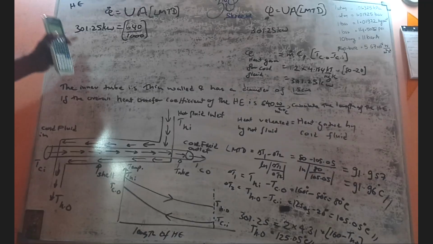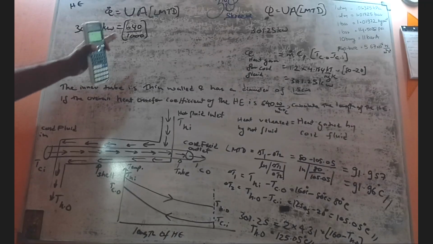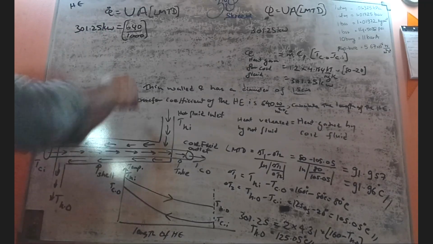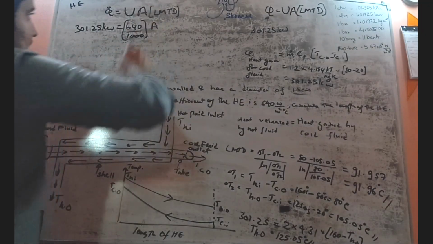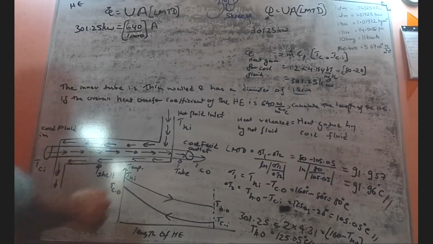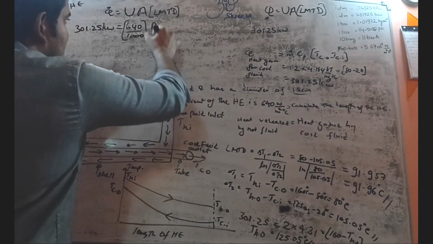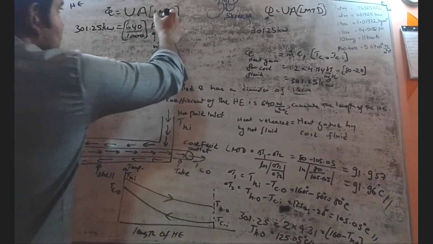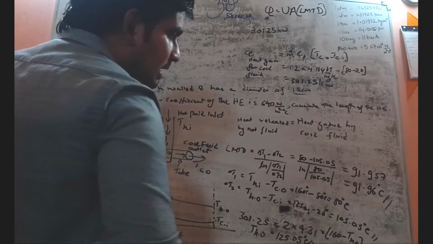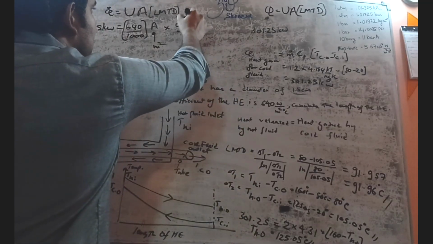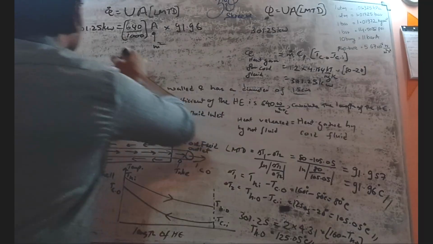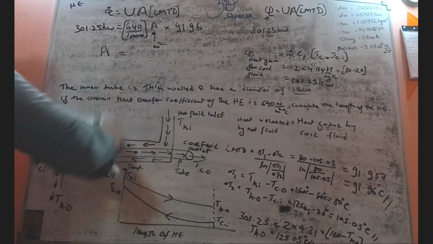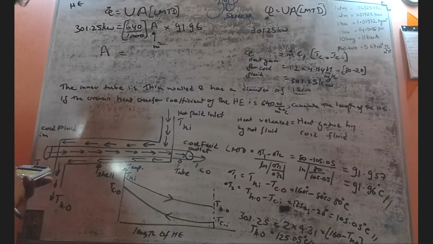So 301.25 equals 640 over 1000 times the area, which will come in meters squared, times LMTD, which is 91.96. If you carefully do the simplifications, what is the value for area that you are getting?